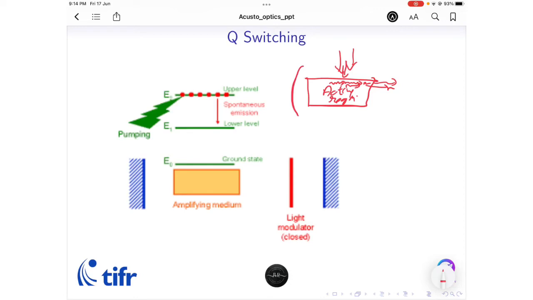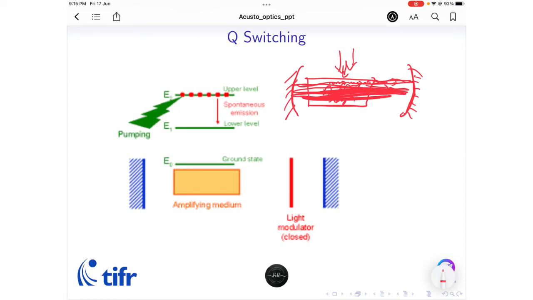And this is kept in a cavity, and this will be reflecting, this will be reflecting. If both are reflecting, this light will reflect here and come back to this active region. Then again it will de-excite the states here, that will give rise to more photons, it will get multiplied and reflect from here, and this process continues.